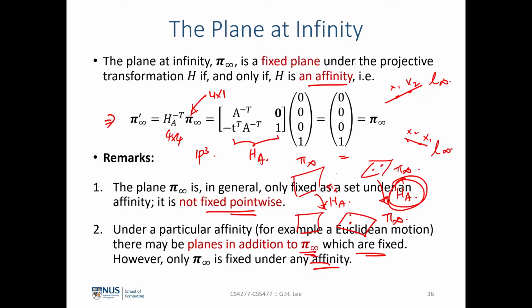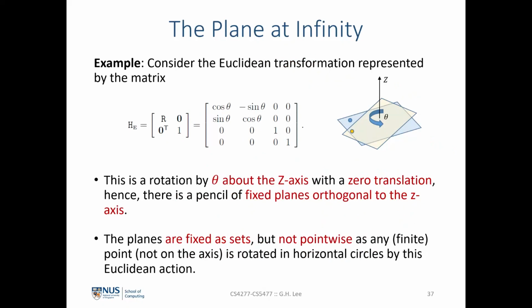But there might be some planes in the P3 space that can be invariant to some affinity matrix. So here's an example of the affinity matrix where there are a subset of the planes that can be invariant to this transformation here.